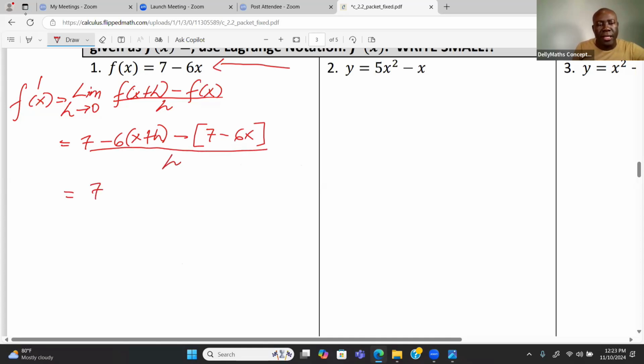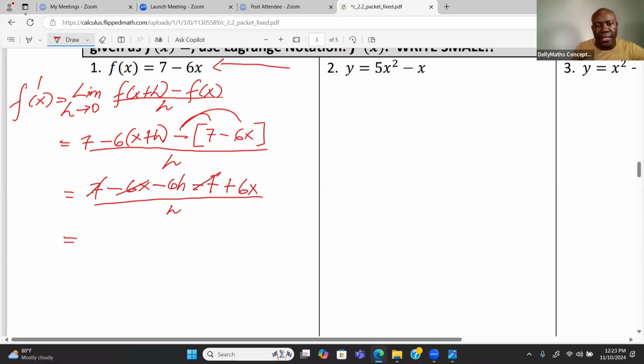We keep going. So what we have is 7 minus 6x minus 6h, and then we're going to distribute this inside, so we'll have negative 7, positive 6x, and all of this is over h. We're going to simplify. What we have here is negative 7 and positive 7 becomes 0.